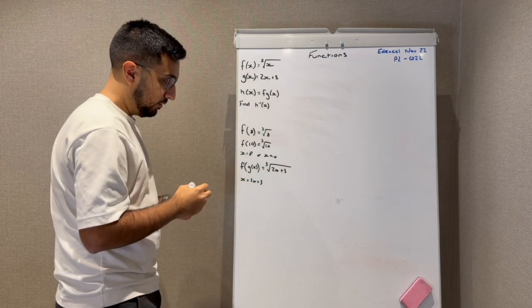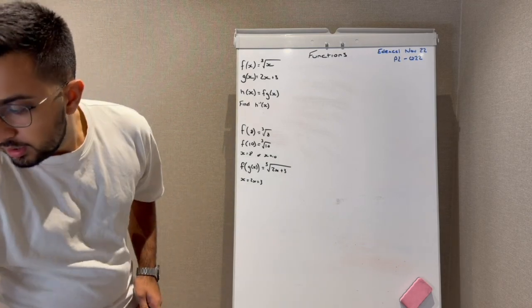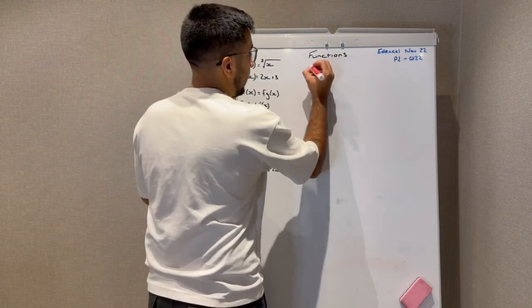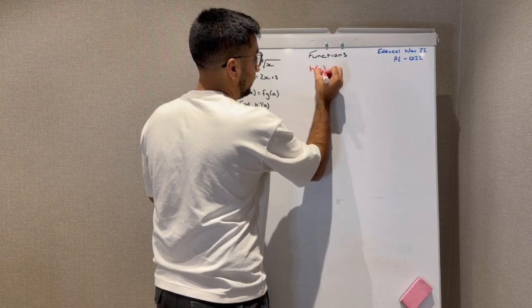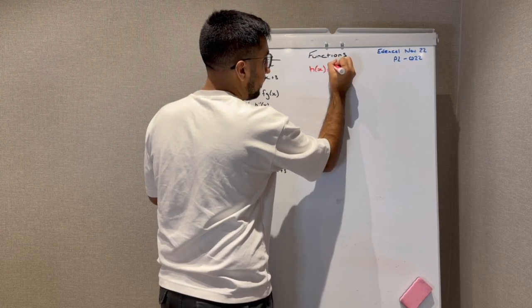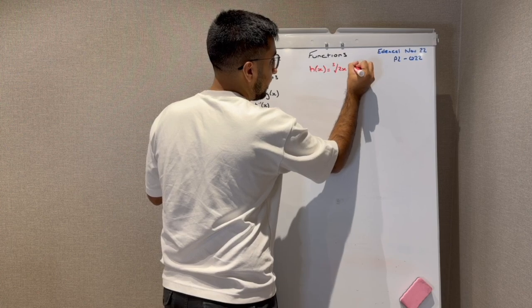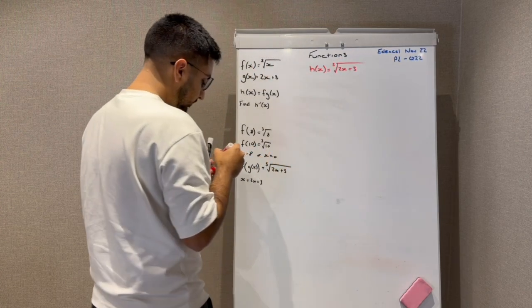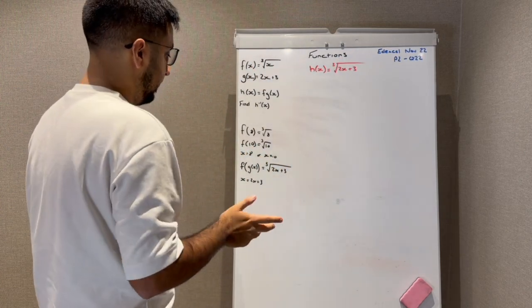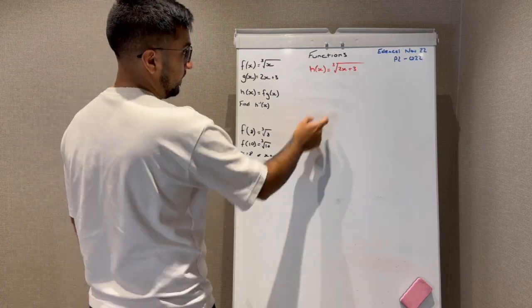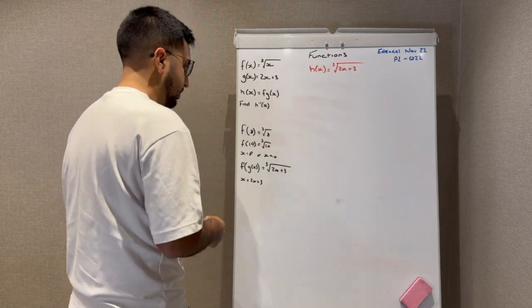You now have fg of x, which means h of x has been found. Alright, step 1 done, which means obviously inadvertently step 2 done as well.